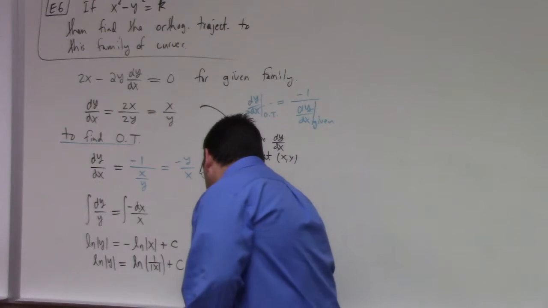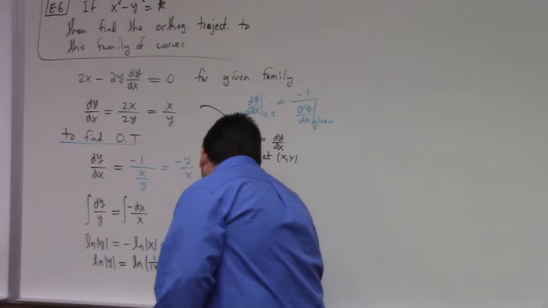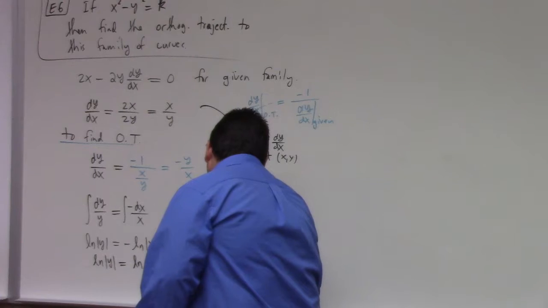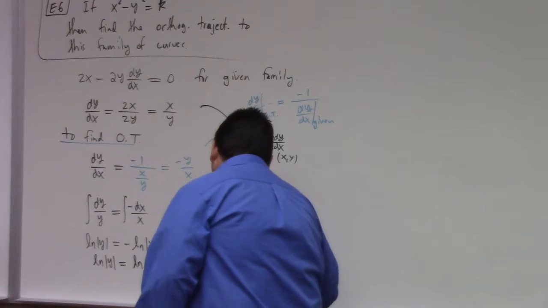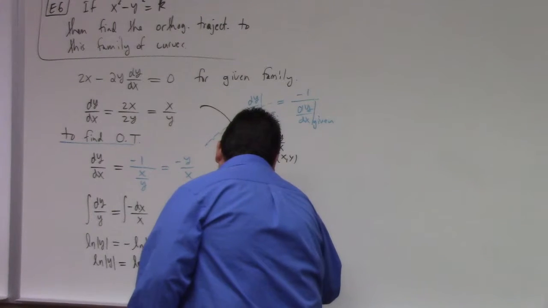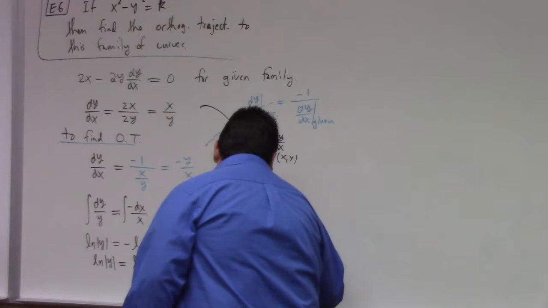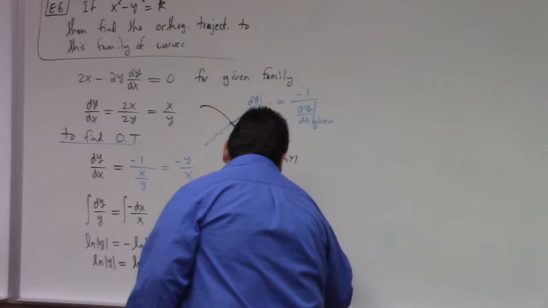So this gives me the absolute value of y is equal to e to the natural log of 1 over the absolute value of x plus c, right?